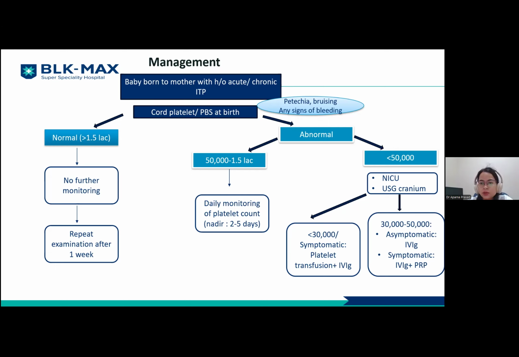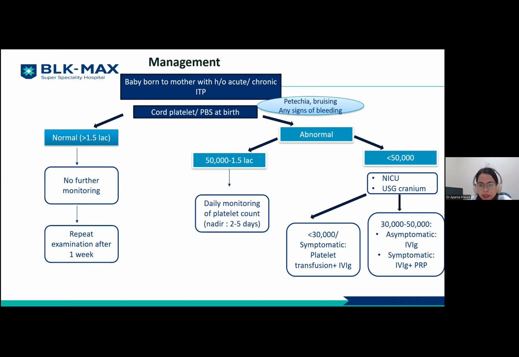If the platelet count is abnormal, it is divided into two further categories. If it is less than 50,000, the baby should be admitted to NICU and an ultrasound cranium done. Further, the less than 50,000 can be divided into two parts. For 30 to 50,000, if the baby is asymptomatic, we give IVIG. If the baby is symptomatic, we can give IVIG plus platelet transfusion.